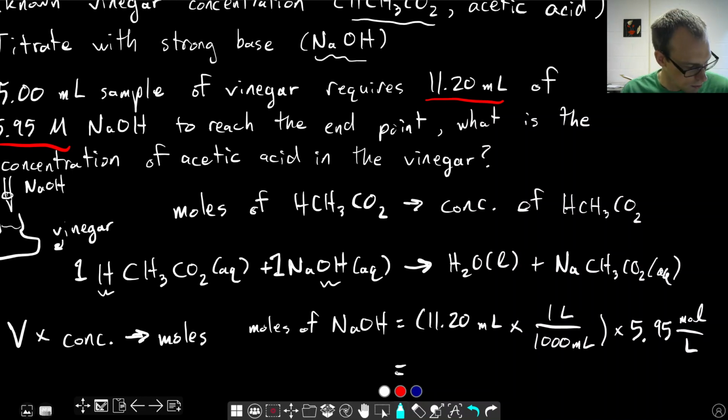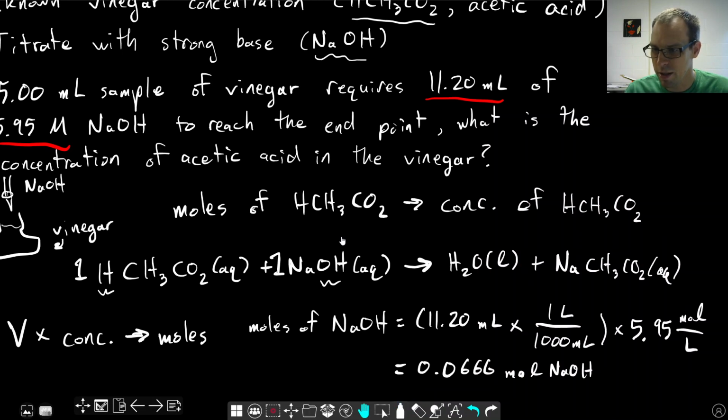So if we go ahead and multiply those together, we'll get 0.0666. That's just me checking my notes here. There we go, that makes more sense. 0.0666 moles of sodium hydroxide. So we've taken our volume and concentration that we know for sodium hydroxide to figure out the number of moles of sodium hydroxide.